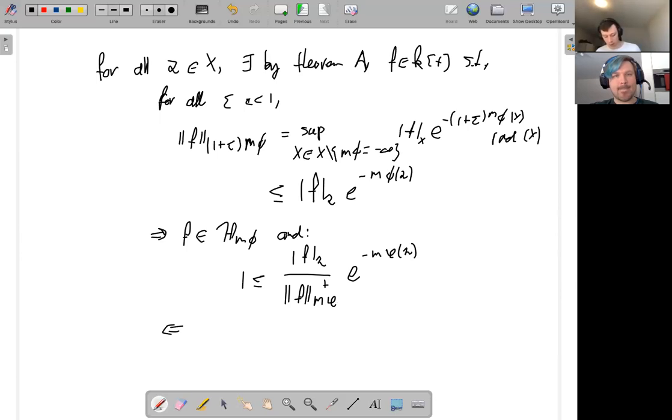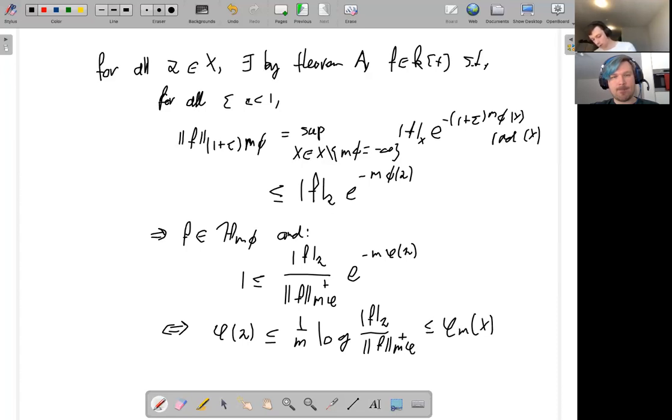But this is equivalent with phi z. Now we apply logarithms and rearrange the sum a little bit again, it is less than or equal to 1 over m log. Sorry, here this is in z.